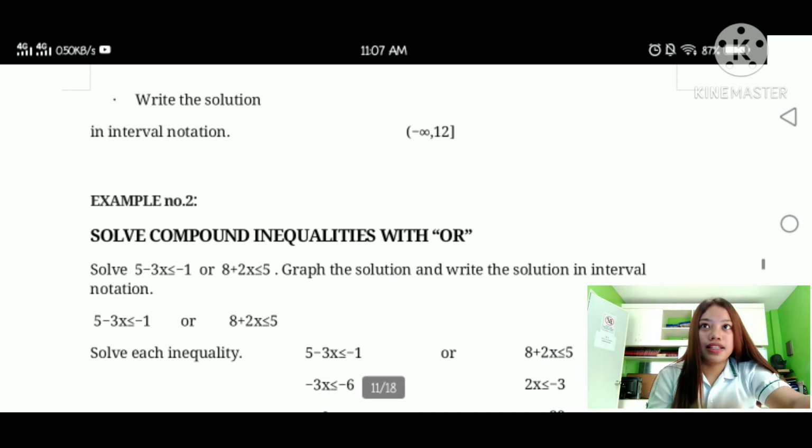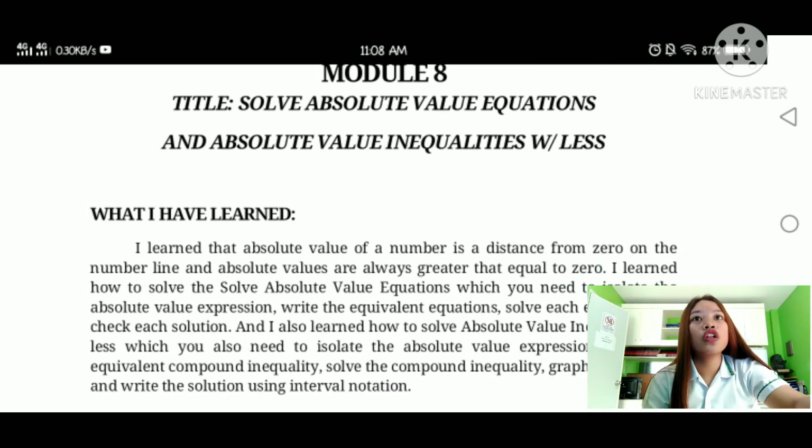Next is module 8, entitled Solve Absolute Value Equations and Absolute Value Inequalities with Less Than. I learned that the absolute value of a number is its distance from 0 on the number line, and absolute values are always greater than or equal to 0. I learned how to solve an absolute value equation, where you need to isolate the absolute value expression, write the equivalent equation, solve each equation, and check the solution.